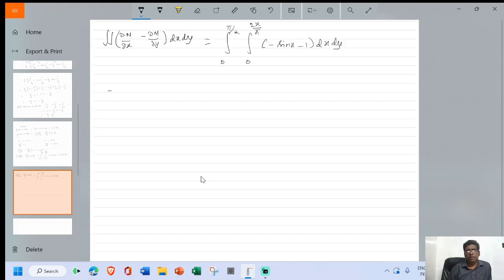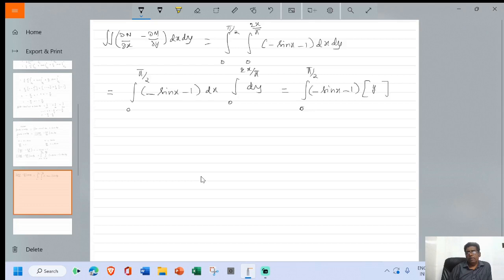Now this is equal to the integral from 0 to pi by 2 of minus sin x minus 1 into dx, integral dy with limits varying from 0 to 2x by pi. The integral of dy is y.